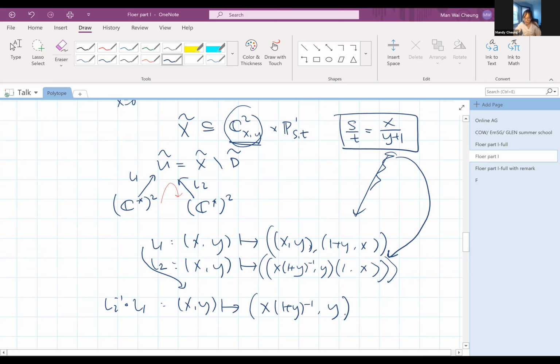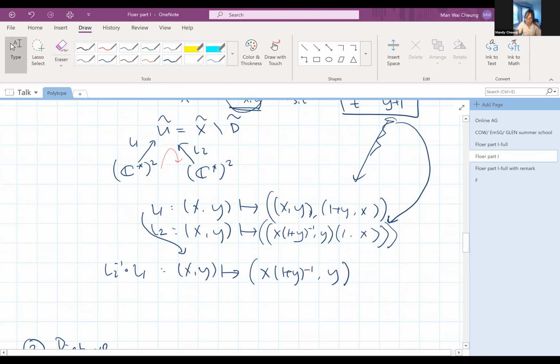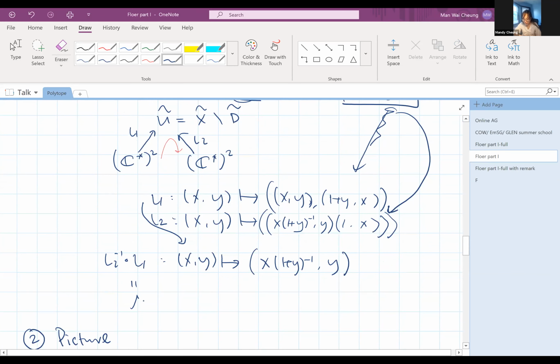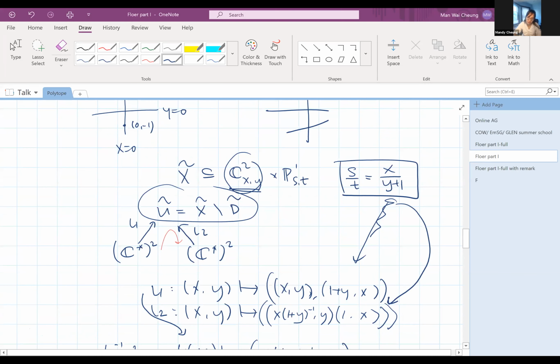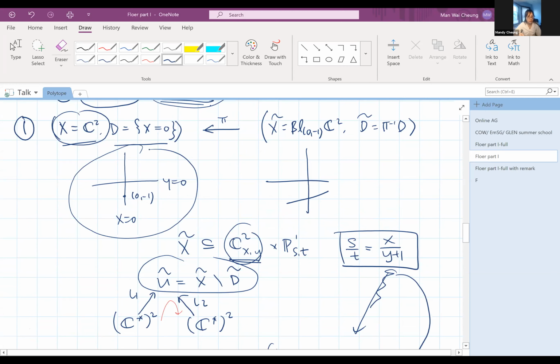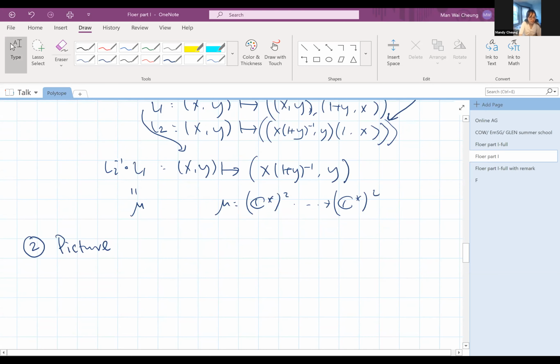So you can see here, this is just the mutation map I stated in the very first minute, and here I have this mutation map. It's a birational map between two tori, and they are covering this blow-up. It's as simple as the blow-up of C2 at one point. So this is the way we do it by brute force computation.